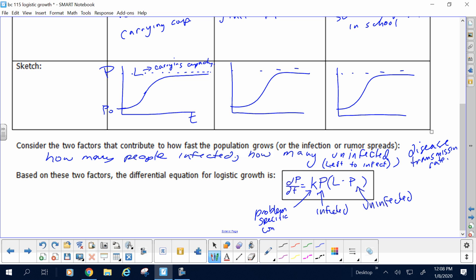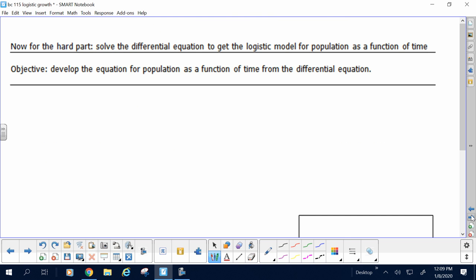Constant of proportionality. Okay, cool. Now that's actually the easy part. The easy part is the differential equation. The hard part is the population equation. Here we go. We have to develop the equation for population from that differential equation.